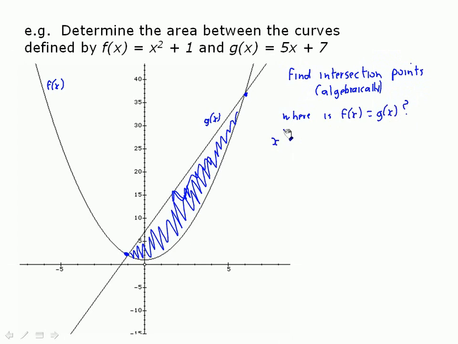So we get x squared plus 1 is equal to 5x plus 7. You get a quadratic out of the deal. So x squared minus 5x minus 6 is equal to 0. So that when you factor, you'll get x minus 6 times x plus 1. So our two x coordinates, when you solve each one of these, are going to be x is equal to 6 or x is equal to negative 1.